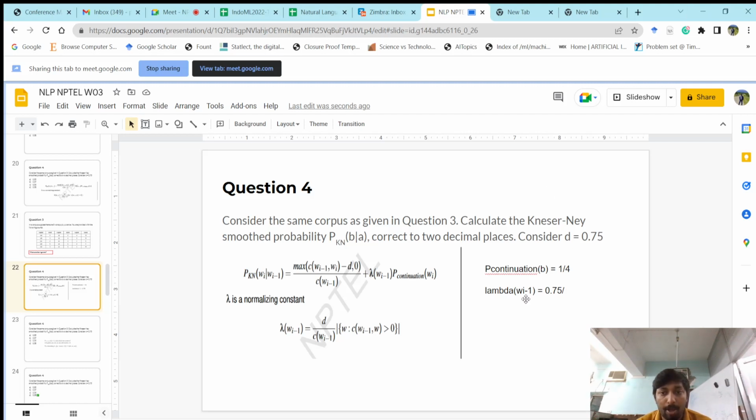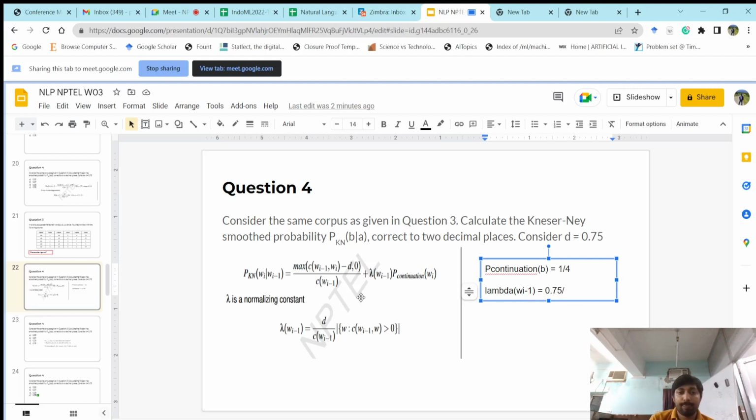Here lambda of W_{i-1}, that is A: count of A, how many times A has occurred?